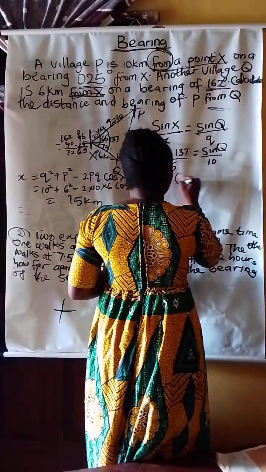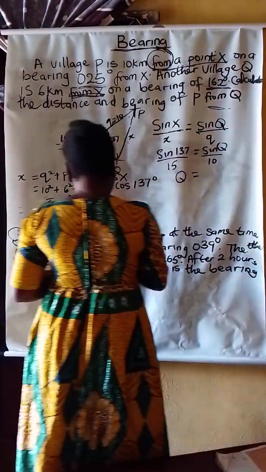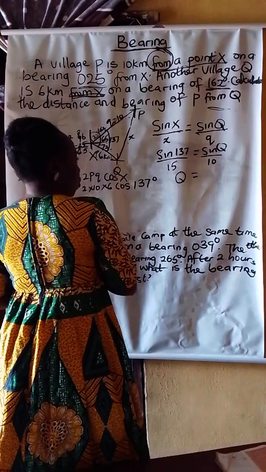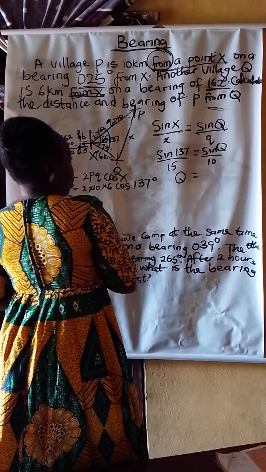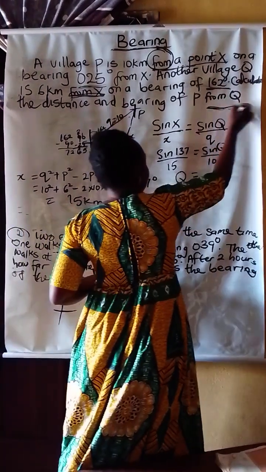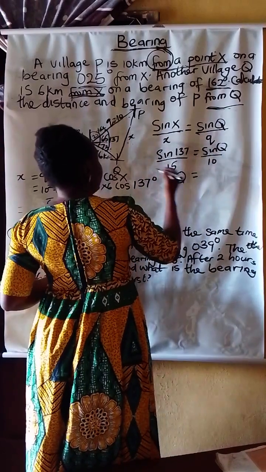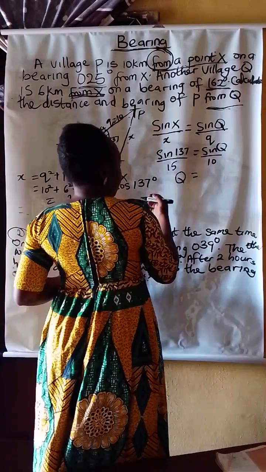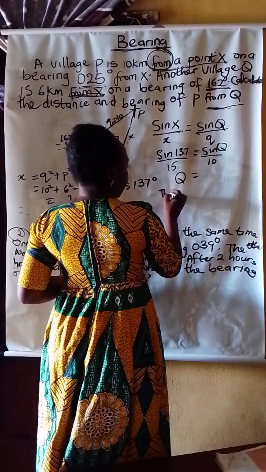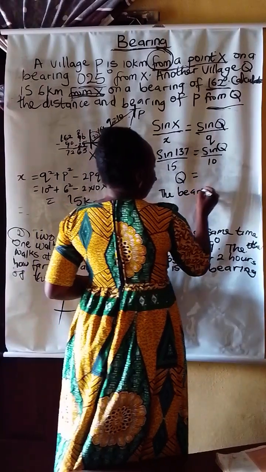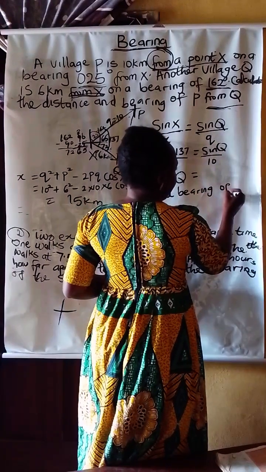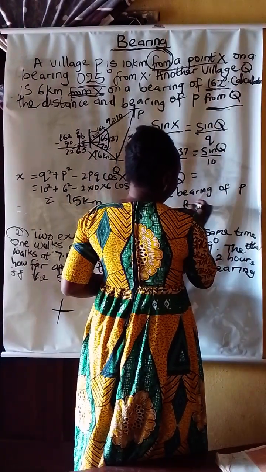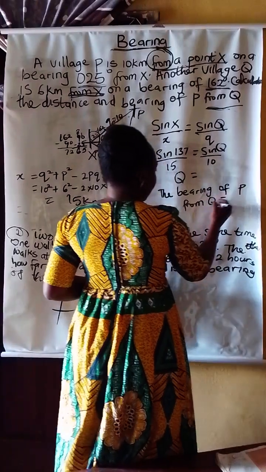So you find your Q. What we are actually looking for is Q. So the bearing of P from Q is what you look for.